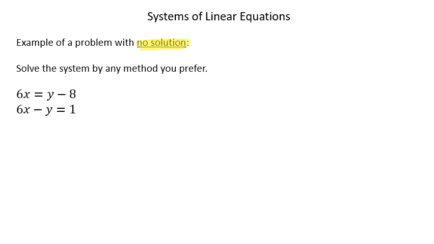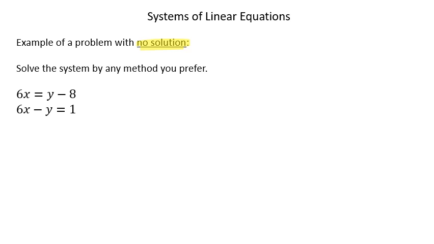I'm going to go ahead and solve this by substitution. Substitution works pretty well when somewhere in your system there's one equation that has a coefficient of 1, either a 1x or a 1y.